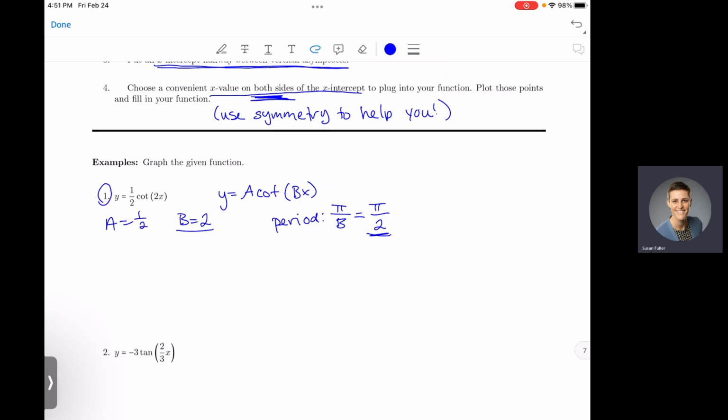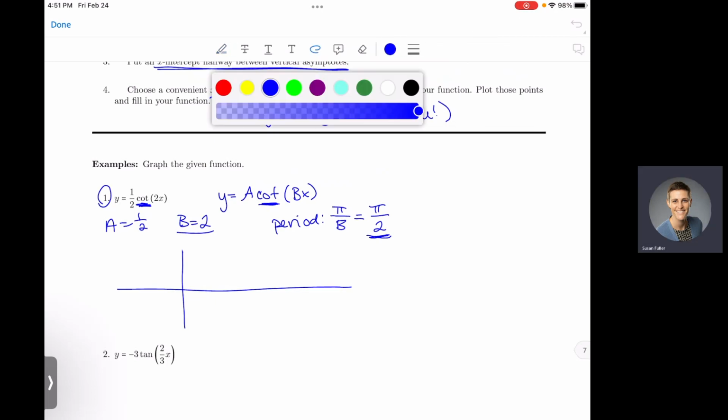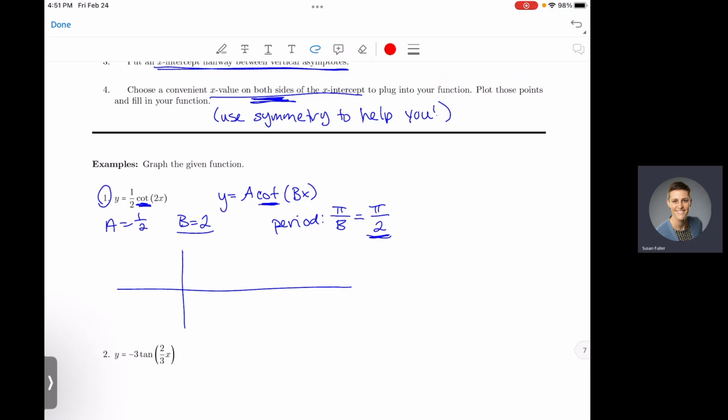Now that we have our period, we're going to use that to figure out where our asymptotes are. This is a cotangent function, so cotangent always has an asymptote at x equals 0. And then the other asymptote is going to happen at the end of its period. The period is pi over 2, so the other asymptote is going to be x equals pi over 2.